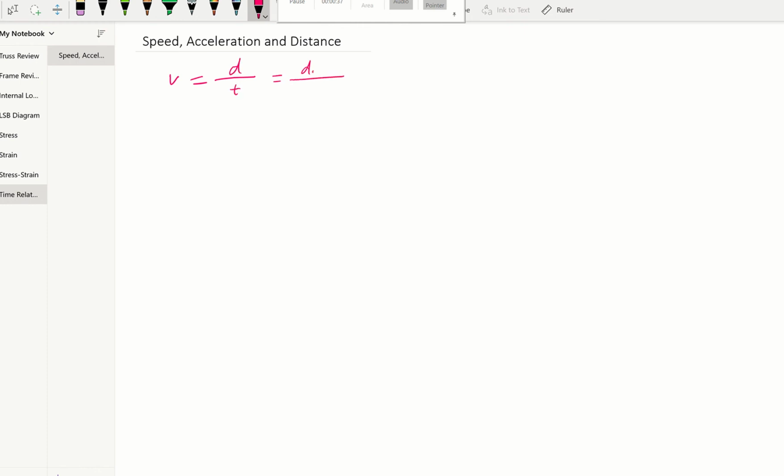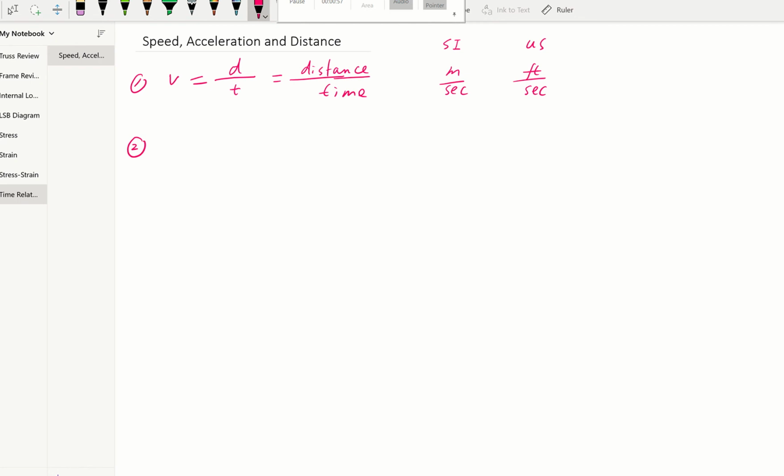So in SI units, that will be meter per second. And for US units, that will be foot per second. All right, that's for the speed or velocity.